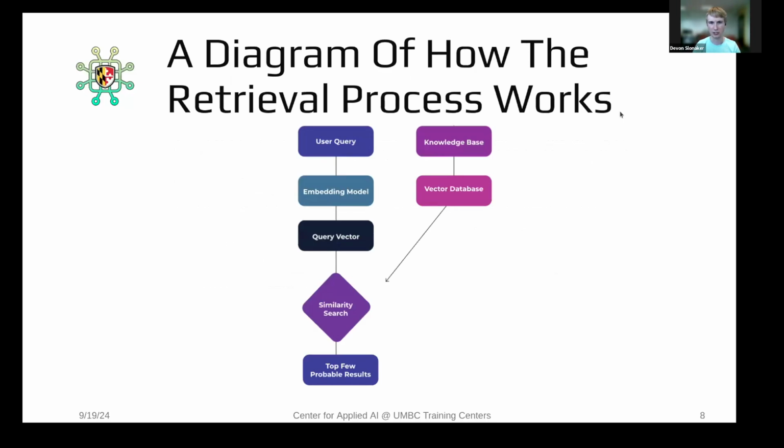The user query goes into an embedding model, which is then used to query the vector database in a similarity search, and then outputs, for example, the top 10 most relevant results. Because in RAG you can have multiple pieces of relevant information extracted at once, you can have a more relevant response.